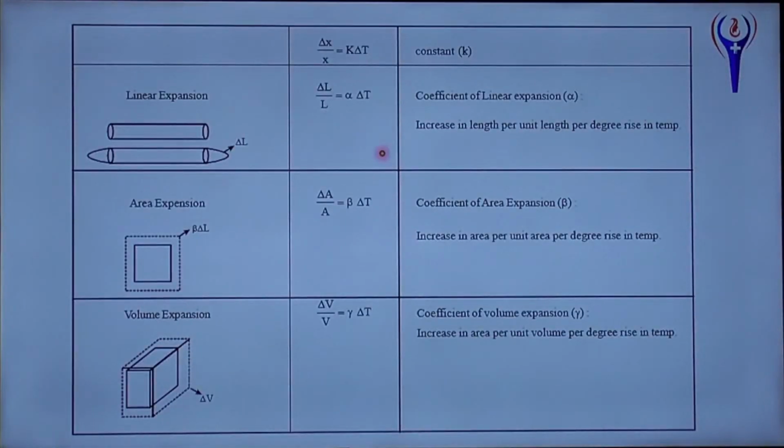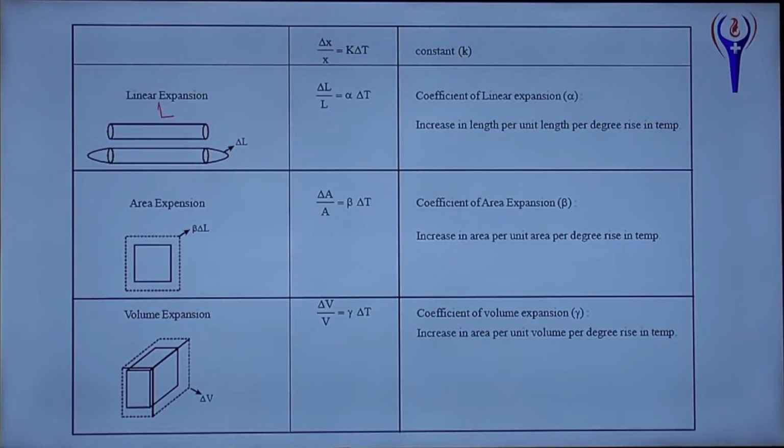And there are different types of expansion. Suppose expansion takes place only along length, then that is called linear expansion. See, this is one rod, having length L, and when temperature increases, it will increase slightly by dL or delta L. Now we can say this is a linear expansion. L is the length of the material and delta L is the increase in length.